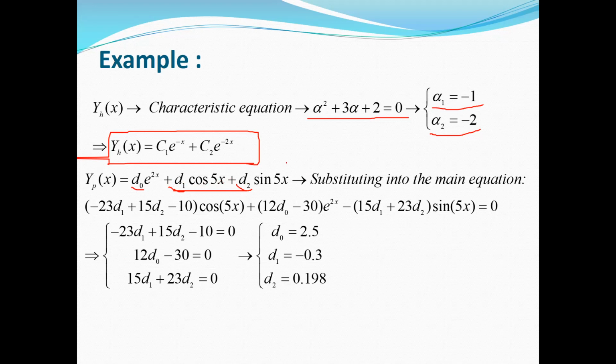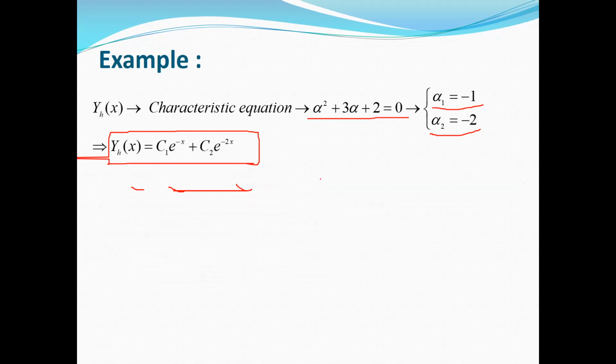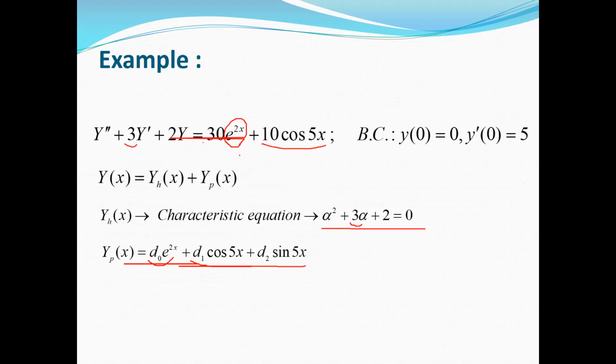And the second derivative for the sine function is equal to -25 times d2 times sine 5x. And then we have plus 3 times the first derivative, as you can see here in the main equation. This is the main equation. We will have y second plus 3y prime plus 2 times y.